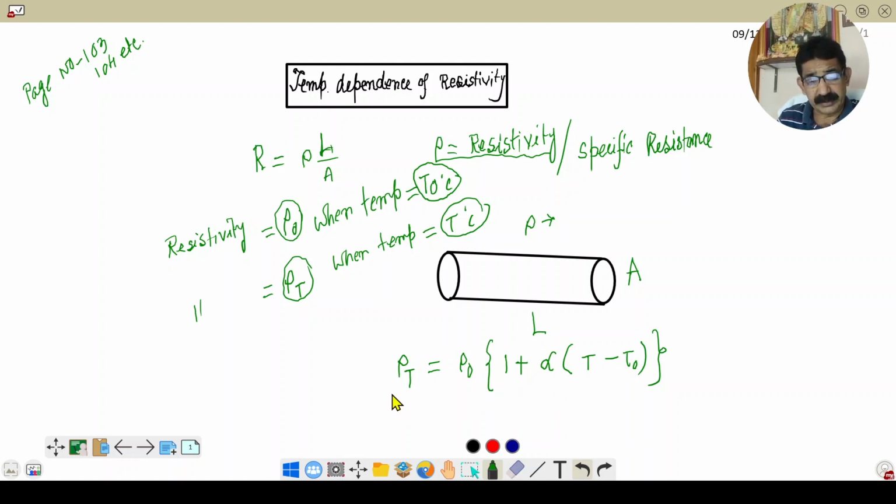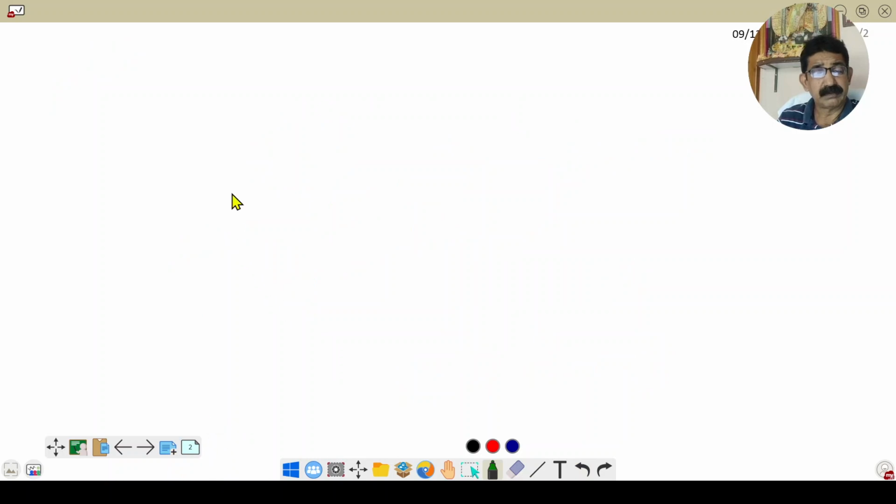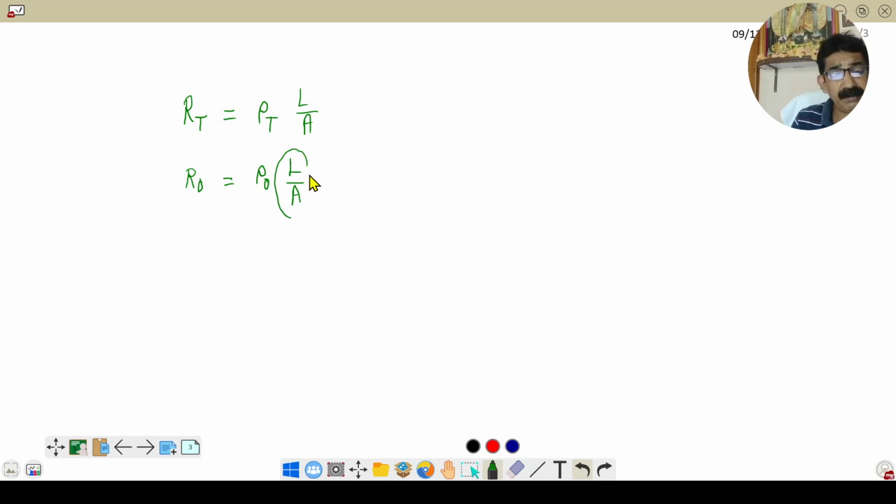Now, if we put this relation in the above equation, then we will get R T is equal to rho T into L by A, and R naught is equal to rho naught L by A. L is the length of the conductor, A is the area of cross section of the conductor, and these two values depend upon the geometry of the conductor.